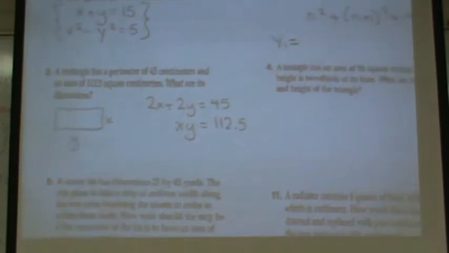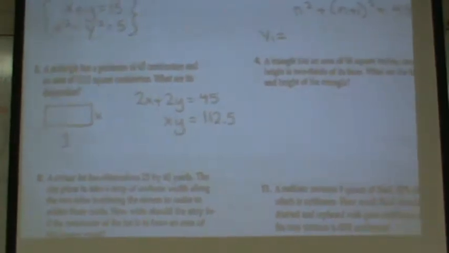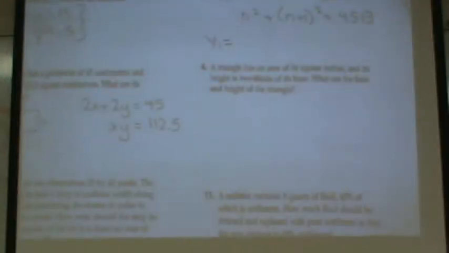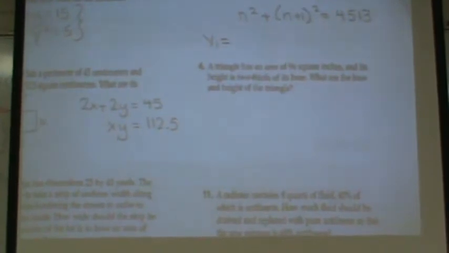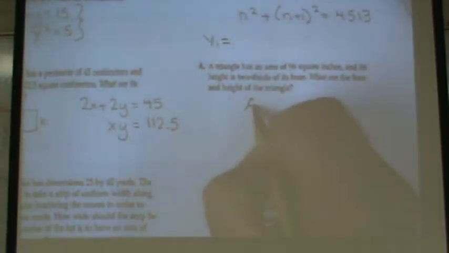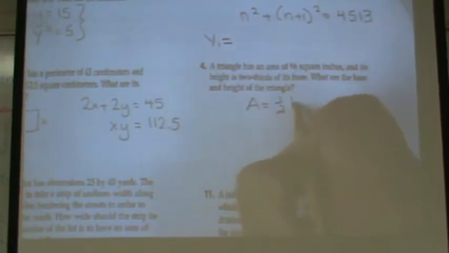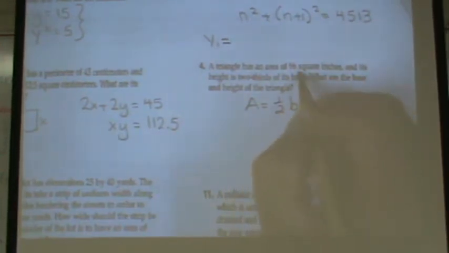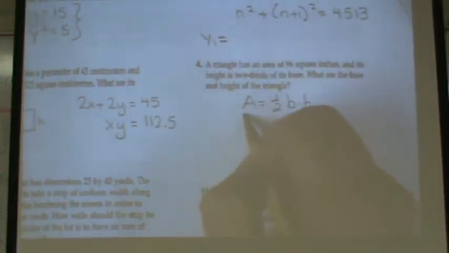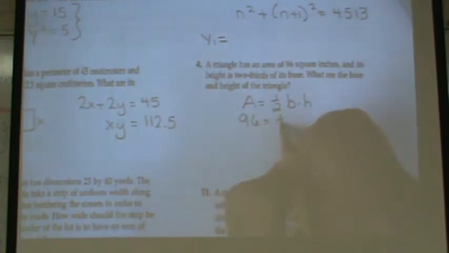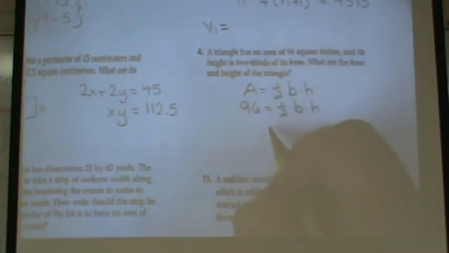The next problem says a triangle has an area of 96 square inches. The formula for area of a triangle is area equals 1/2 times the base times the height. So if the area is 96, you put a 96 right here. Then it says its height is 2/3 its base, so you can plug that in for h.